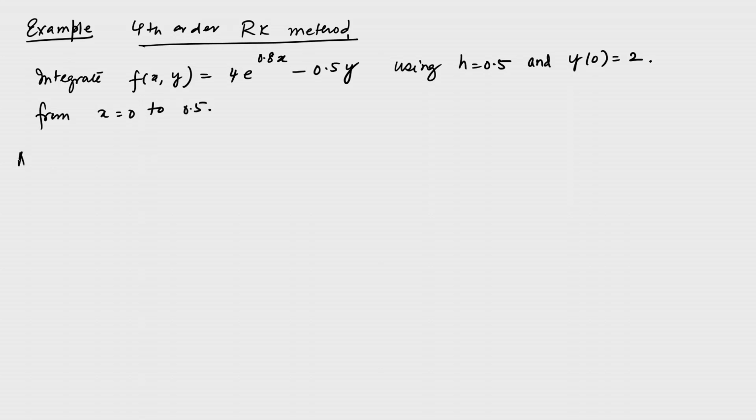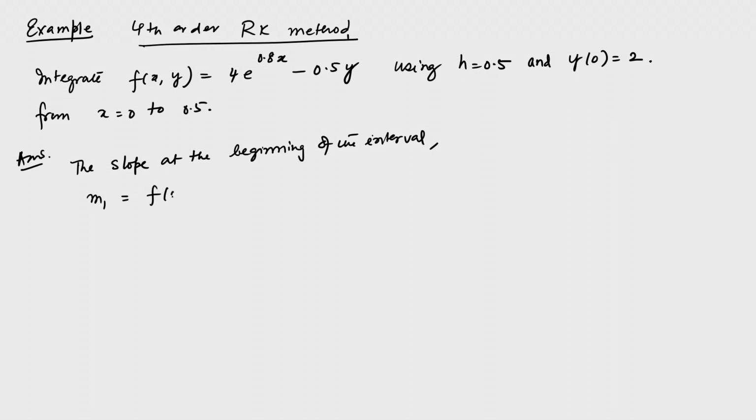So, to begin with, the slope at the beginning of the interval is m1 equal to f(0, 2), which is 4 e^(0.8 into 0) minus 0.5 into 2, which is equal to 3.